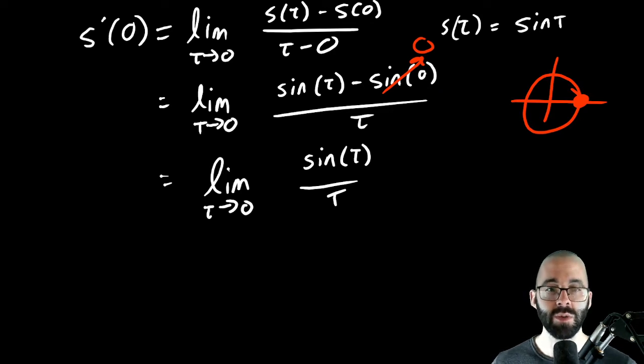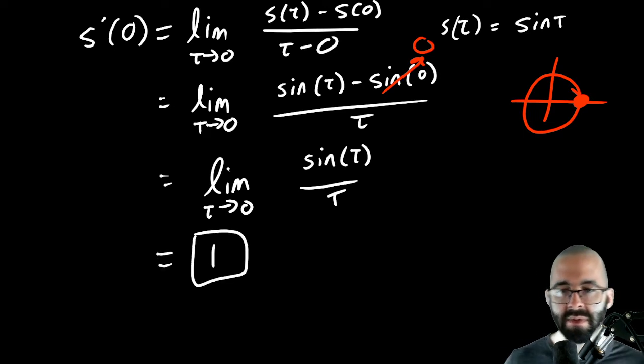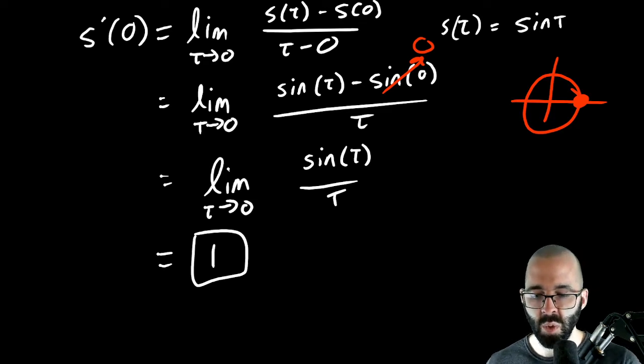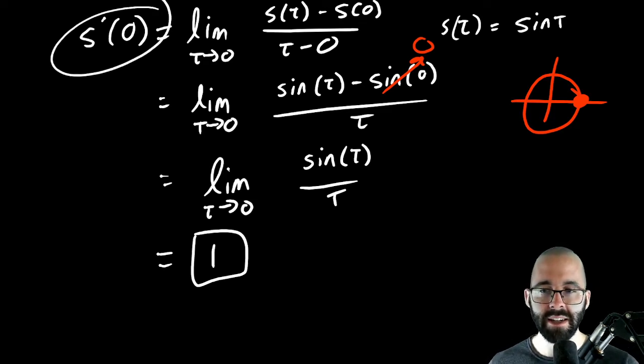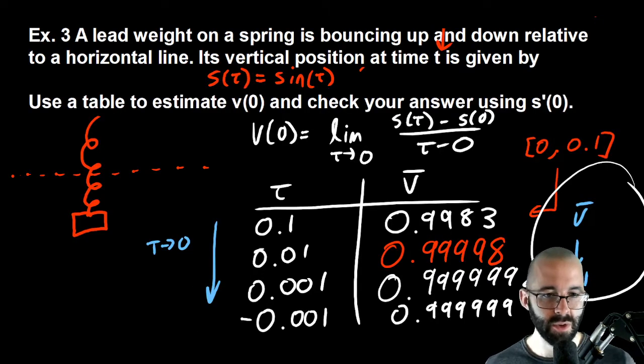We need L'Hopital's rule, which we talk about at the end of this class, end of this quarter, not this section. But we have this result from earlier. We talked about this result in chapter 2, and we said this is equal to 1. 1 is the instantaneous velocity when t is equal to 0. That was also our guess.